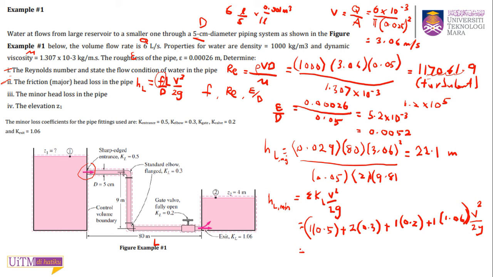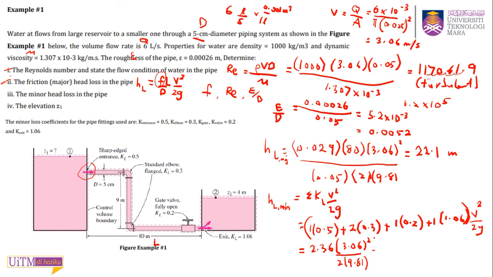This will give you 0.5 plus 2 times 0.3, 0.6, plus 0.2 plus 1.06. It is 2.36. So 2.36 times velocity squared, 3.06 squared, over 2 times 9.81.